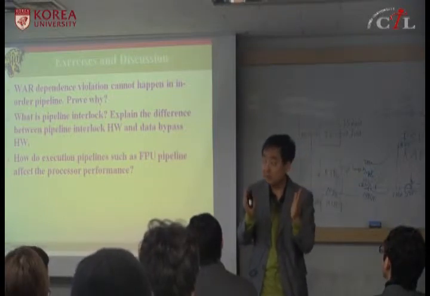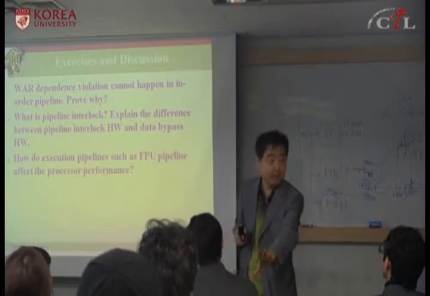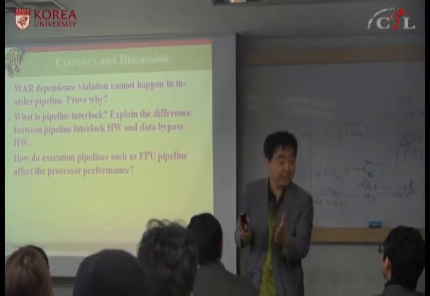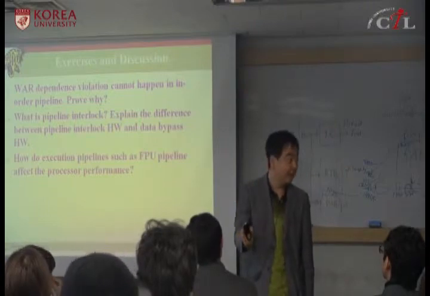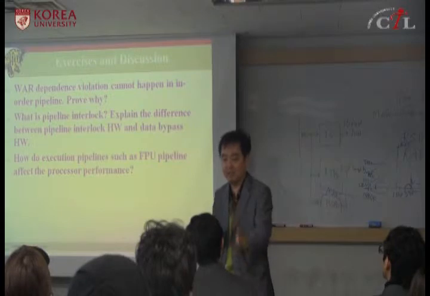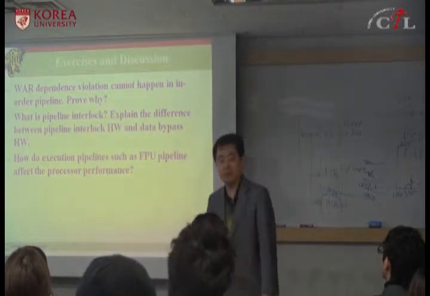Whenever you detect the dependence, you have to stall the pipeline at the read stage, which is called pipeline locking. It's called pipeline interlock. You check the dependence and lock the pipeline, stalling the pipeline.